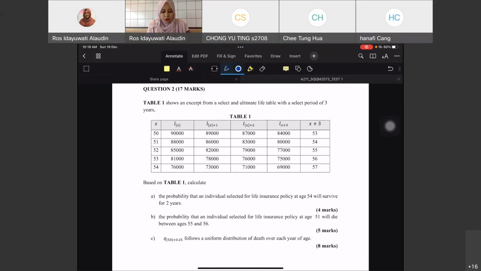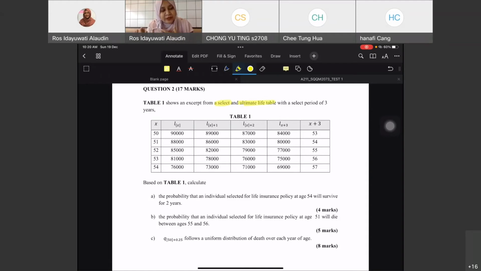Okay, so for question 2, you are given a select table and also an ultimate life table. The select table is for the group that are selected, which is the group that went through the medical examination before they purchase the life insurance.